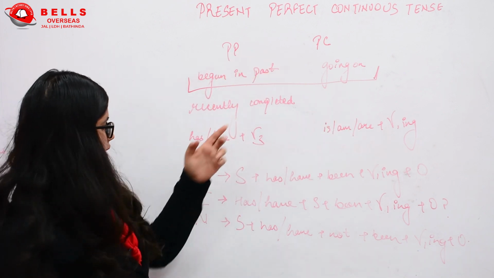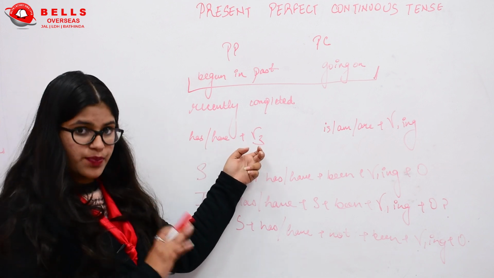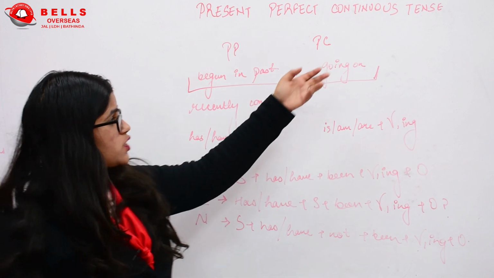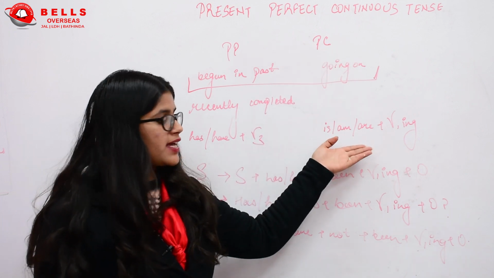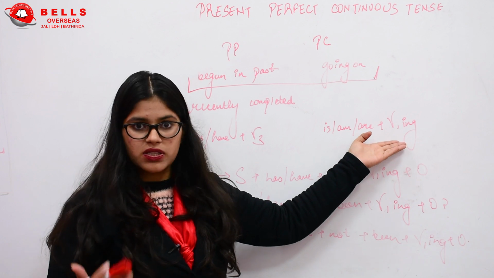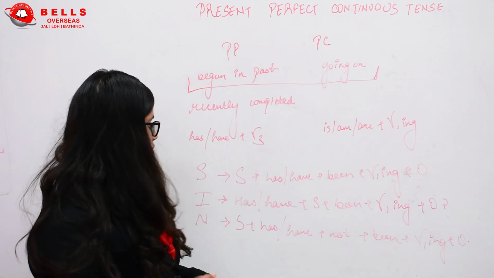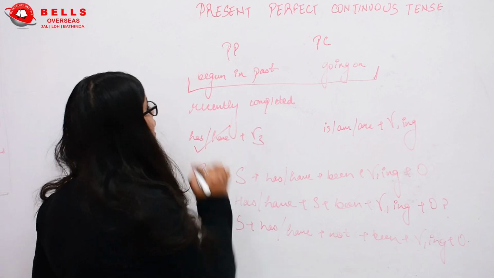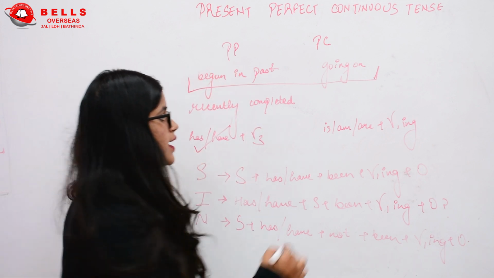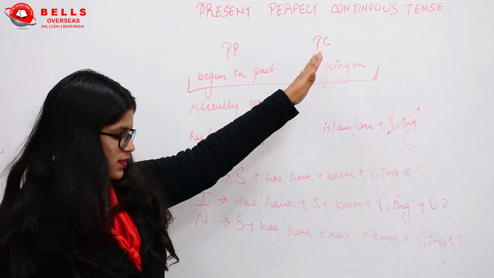Again, in present perfect tense, we had has plus verb third form except the subject and object. And in present continuous tense, we had is, am, are plus verb first form with ing, again except the subject and object. Now to make it present perfect continuous tense, we pick up has or have from present perfect tense and verb first form with ing from present continuous tense.